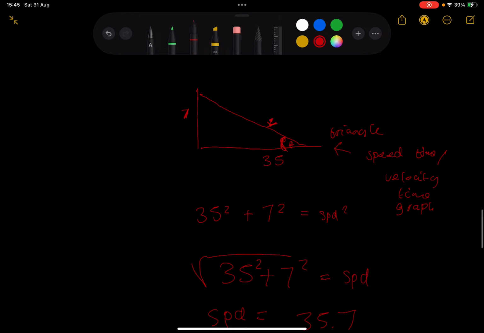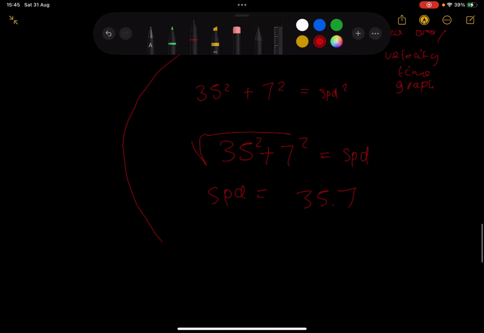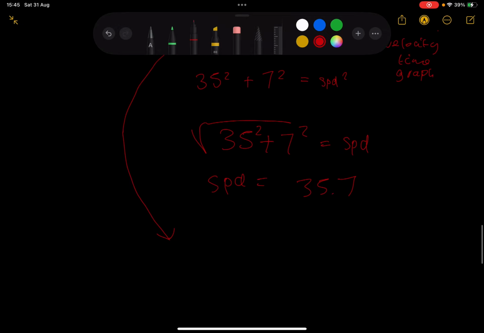And use the same logic to work out the angle. tan minus 1.